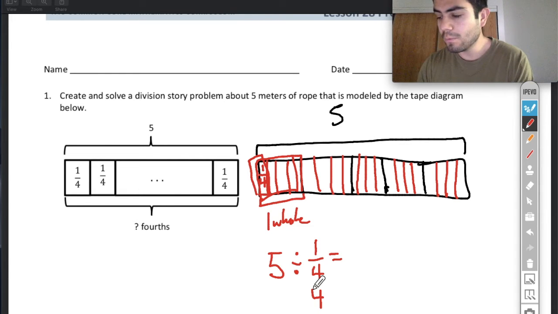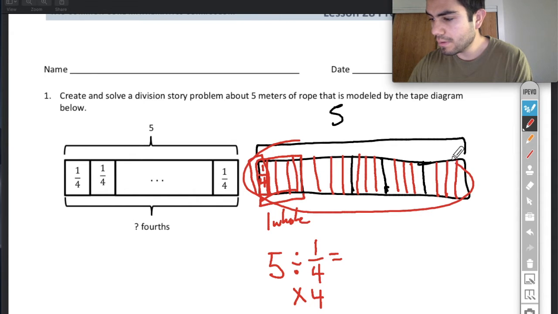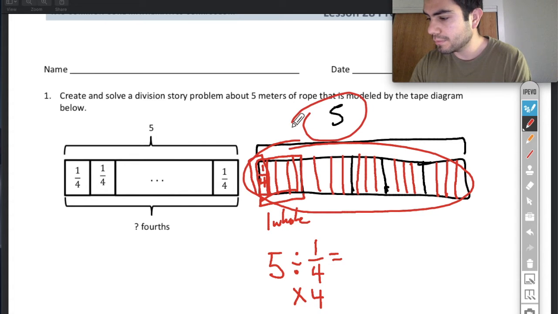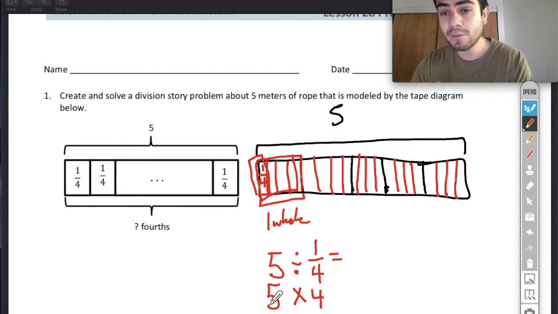And then what we're going to do is we're going to simply multiply it by all of the 5 wholes that we have. So when we do that, this will tell us exactly how many 1/4 we created.